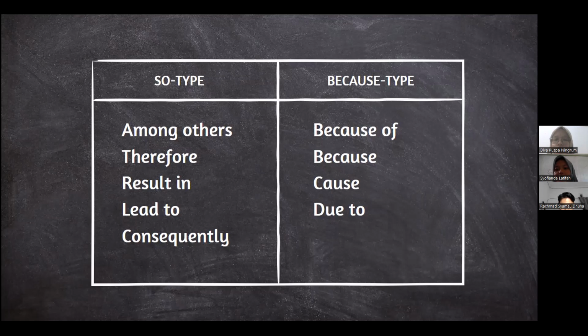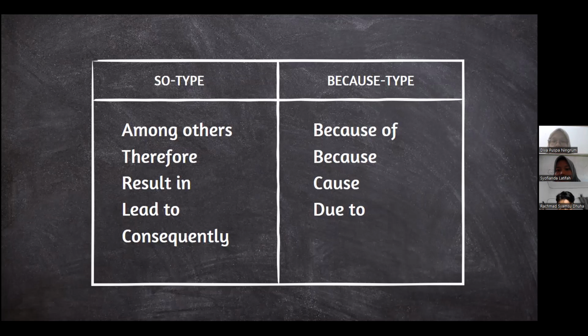And the second type is the because type. As I said before, the because type is used to show the cause of something. So this conjunction will be used with the cause of something, usually giving a reason, not the effect, because the effect uses the so type.